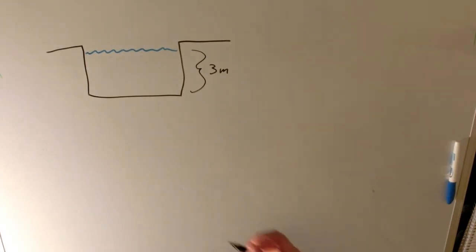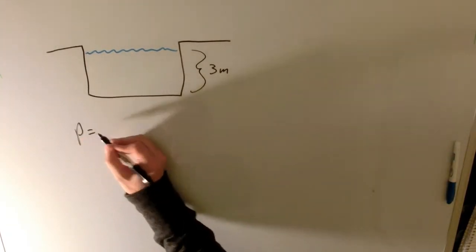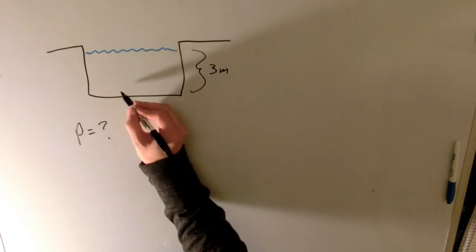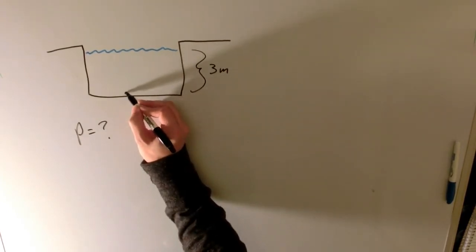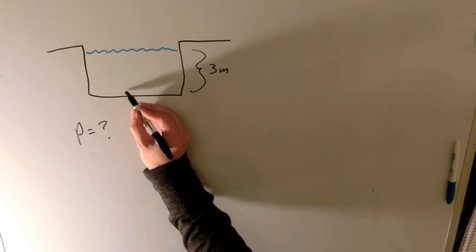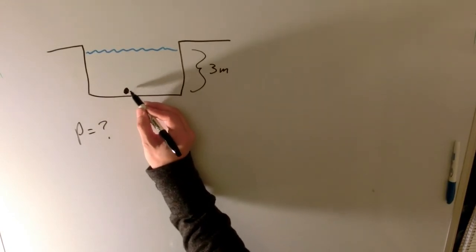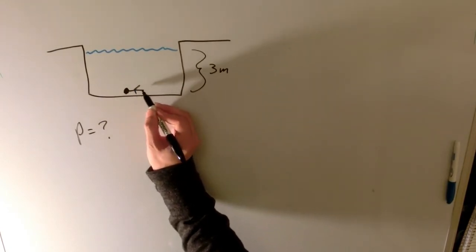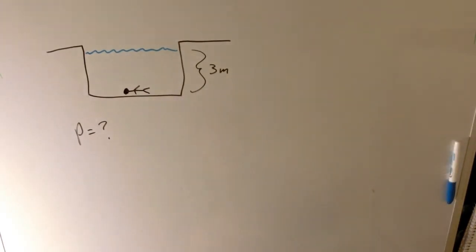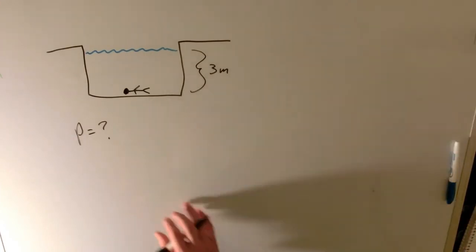And we want to find the pressure at the bottom. So if we're down at the bottom of the pool, swimming around, we'd like to know what type of pressure we actually feel on ourselves there.